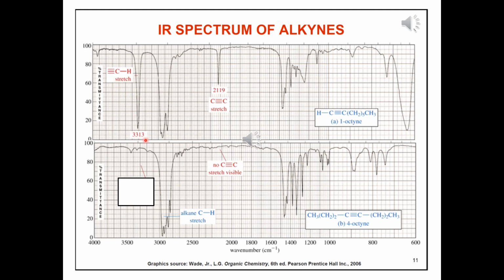So this is the carbon that forms part of the triple bond. Therefore, there may also be a sharp, weak band at about 3300 wave numbers that corresponds to the carbon-hydrogen stretch. Internal alkynes, such as 4-octyne, will not have the sp carbon-hydrogen bond stretch and therefore lack this aforementioned band.